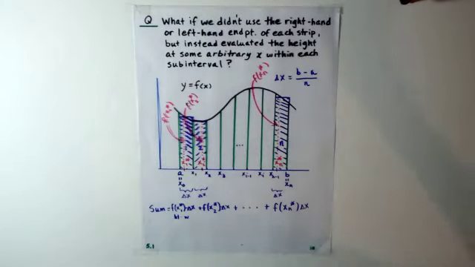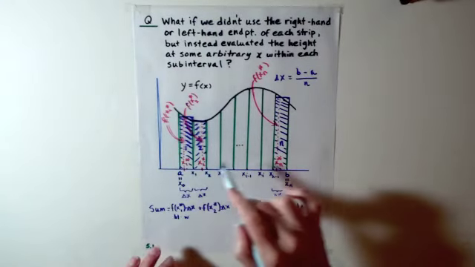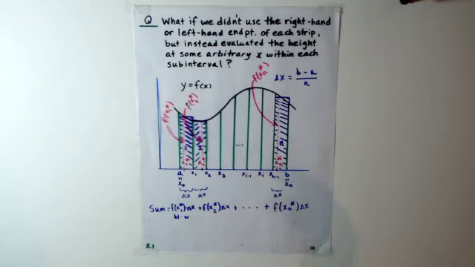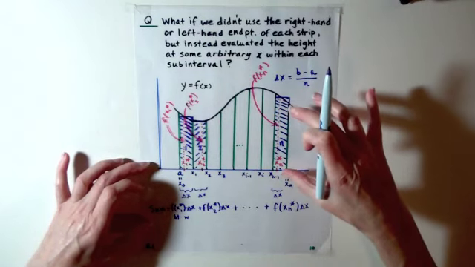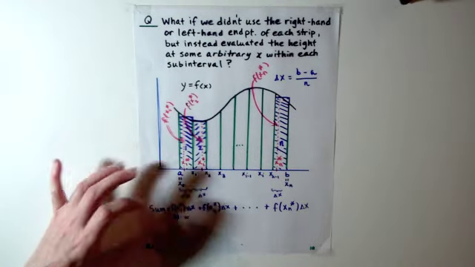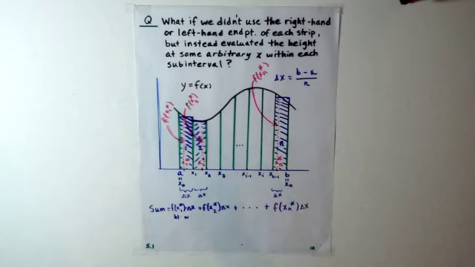Well, the question becomes, when we use these intermediate heights, do we still get an approximation for the area under the curve? And I think you'll agree that you're still going to end up with some kind of approximation for that area. In fact, it might be, depending on the function, a little bit better approximation than either always using the left-hand endpoints for your heights or always the right-hand endpoints for your heights.